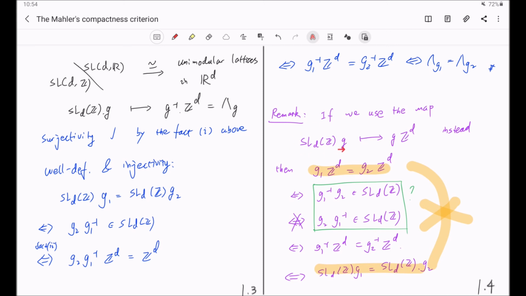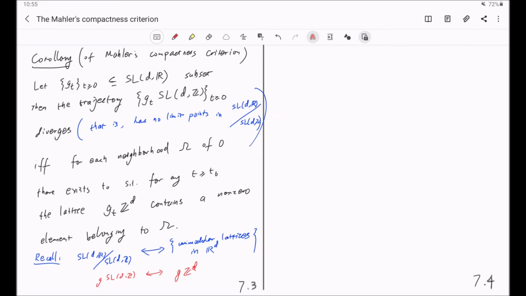Namely, if you use the right coset, you cannot identify this with left multiplication by g. You have to use g inverse, otherwise something weird will happen. Anyway, we're going to state this corollary by using the left coset space, which seems to be more common in the literature of dynamical systems.